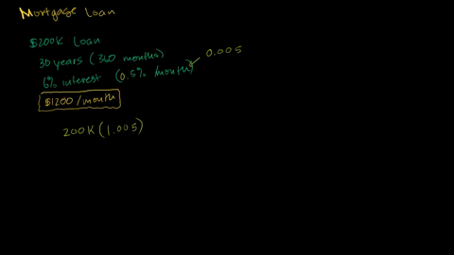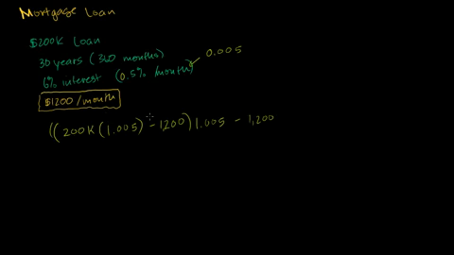1.005. Then you're going to pay the $1,200. So it's going to be minus 1,200, or maybe I should write 1.2k, but I'm just really showing you the idea. And then for the next month, whatever is left over is going to be compounded again by the 0.005. And then the next month, you're going to pay this $1,200 again.